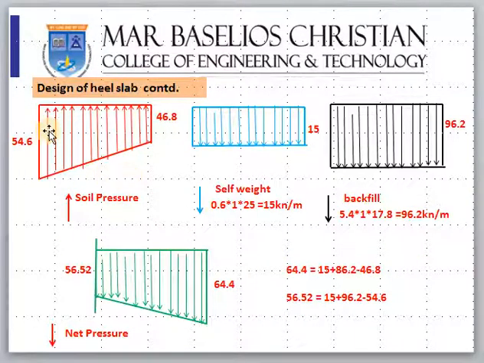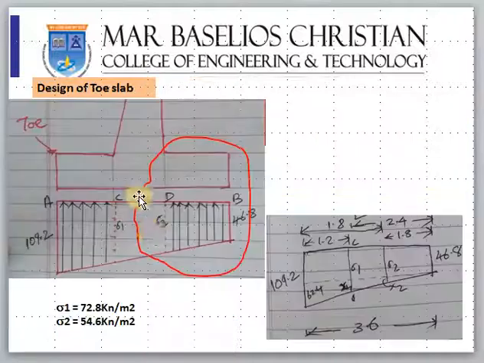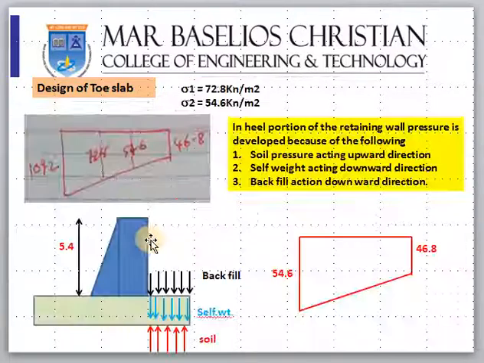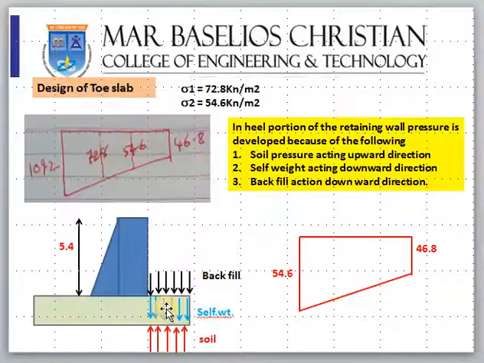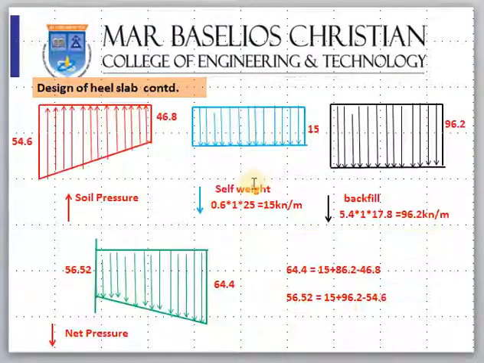So this is the soil pressure which is acting upward. Sigma minimum is 46.8, and at this location we found sigma 2, which is 54.6. Now this is the pressure diagram due to the self weight of the slab. How do you calculate that?